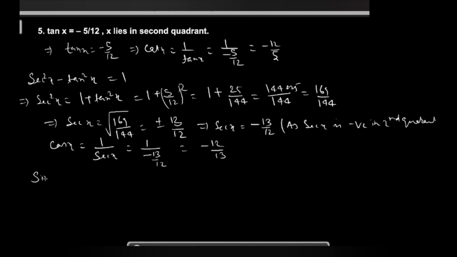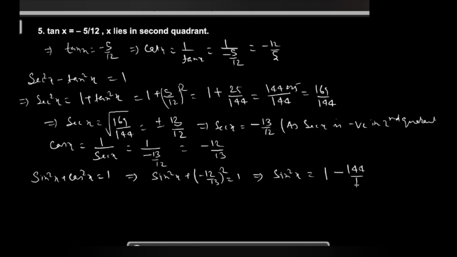So what is it that we get? We get sin square x plus cos square x equals 1. This gives me sin square x plus (minus 12 by 13) whole square equals 1. Then sin square x is 1 minus 144 upon 169. If I take 169 as LCM, I get 169 minus 144, right?